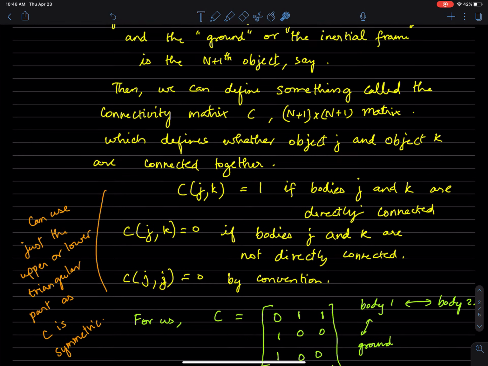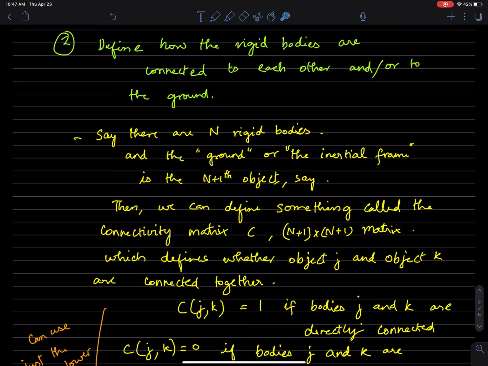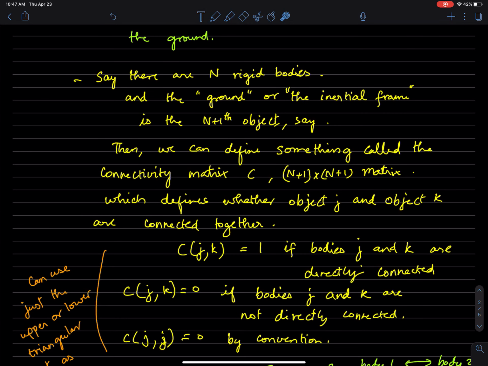So for at least these problems, let's say there are n rigid bodies, n equals 2 here, and then the ground or the inertial frame is the n plus 1th object, right? So n rigid bodies plus 1, because we are considering ground to be an object as well. Okay. Then the first thing to do when you have such n plus 1 objects is to define whether two objects from those n plus 1 objects are connected or not.